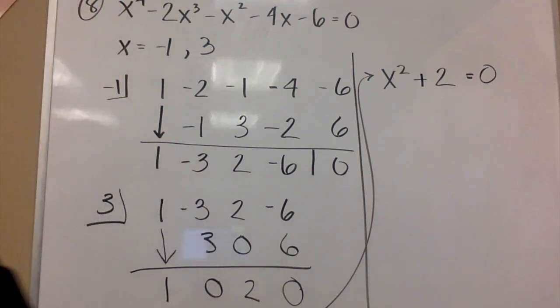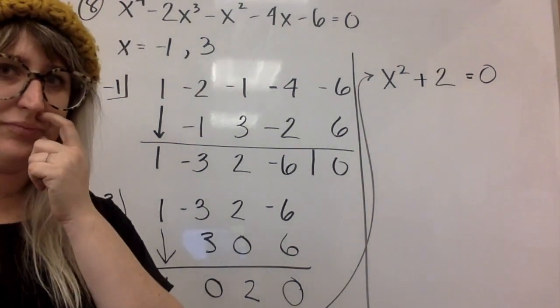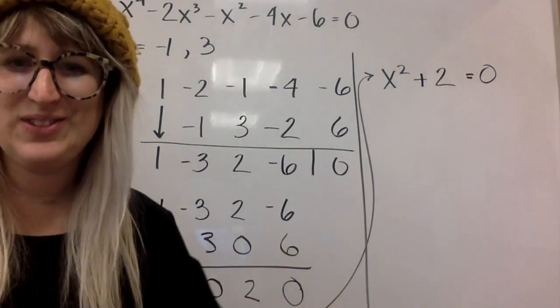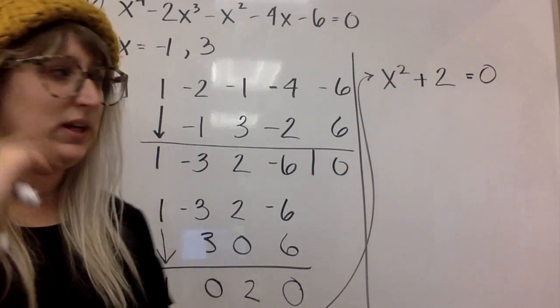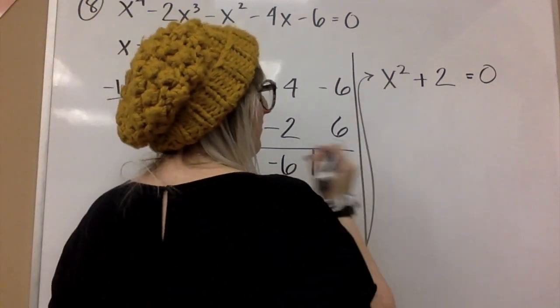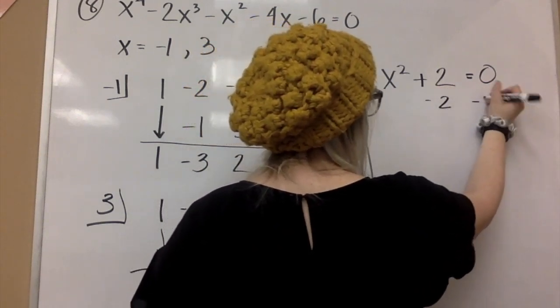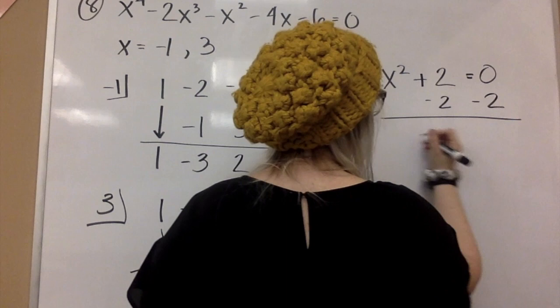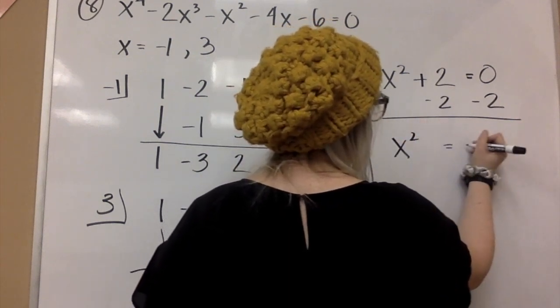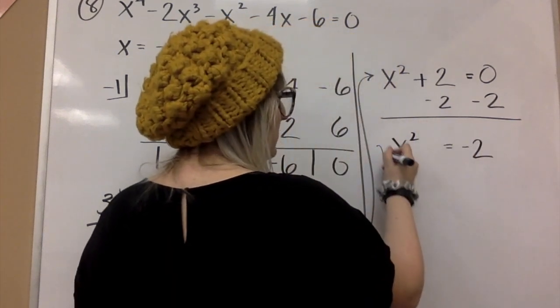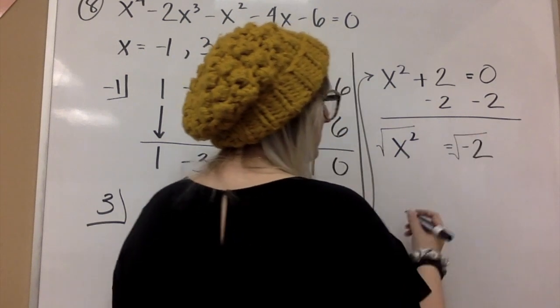So we have the sum of squares here, and with the sum of squares, that doesn't factor. So what we can do is solve for x, so we're going to bring 2 to the other side. So we have x squared equals negative 2. We take the square root of both sides.